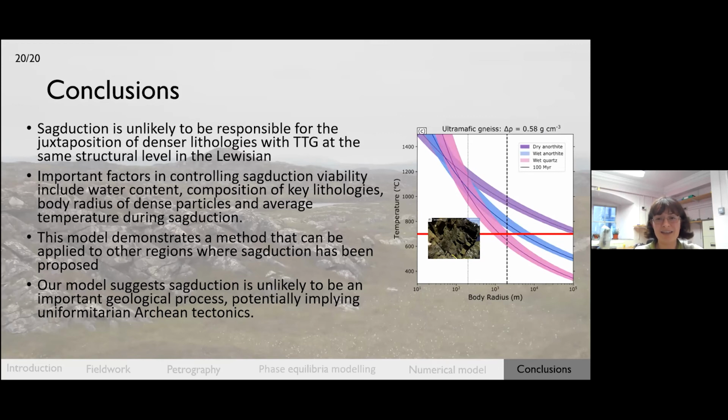And the method we outline here can be applied more generally to other regions where sagduction has been suggested. Our results broadly suggest that even in upper-crustal granite-greenstone belts, sagduction is in fact unlikely, though further work is required to precisely constrain feasibility in these settings.